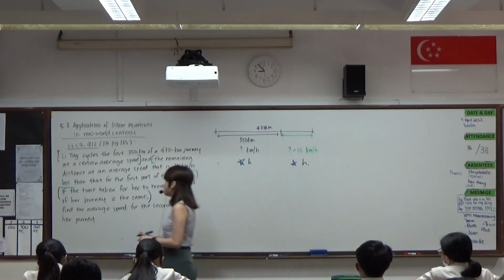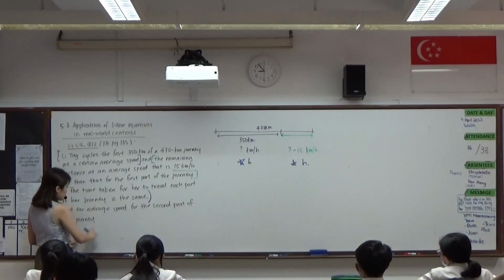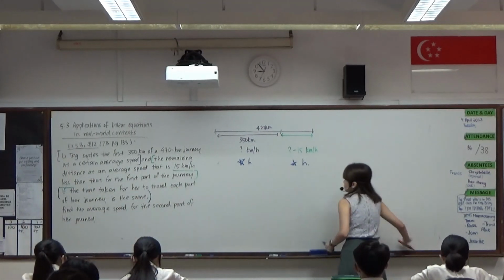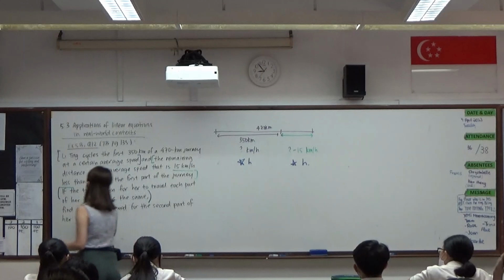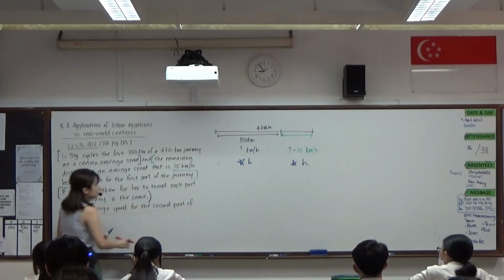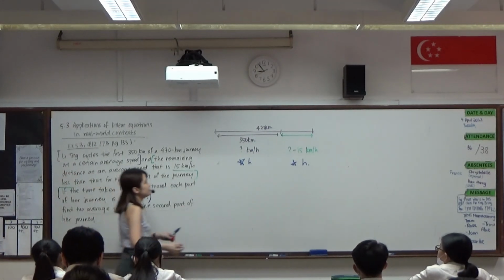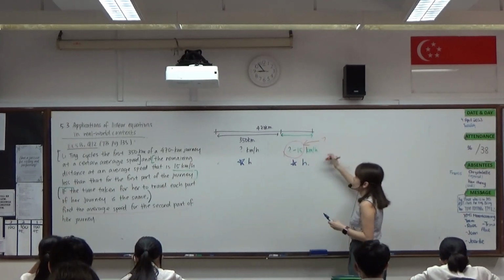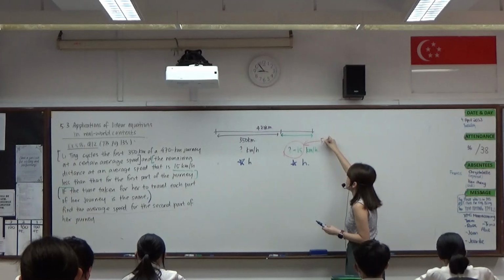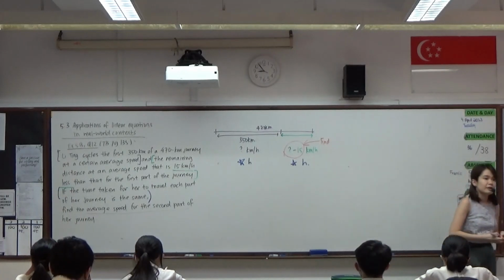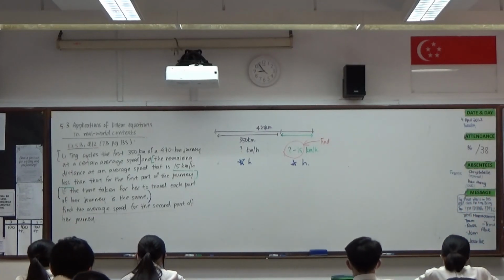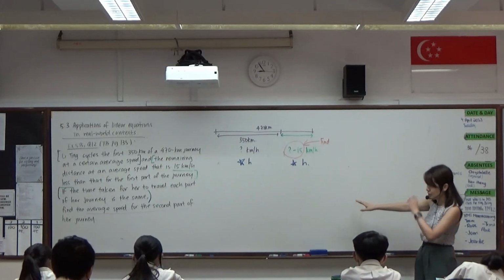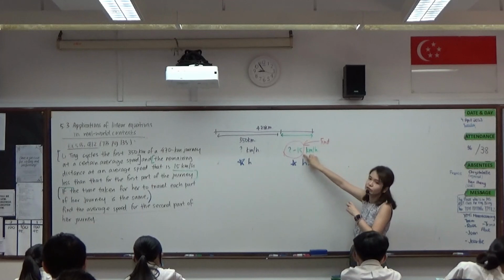The question wants us to find the average speed for the second part of the journey. So that means we are trying to find out what this is itself.